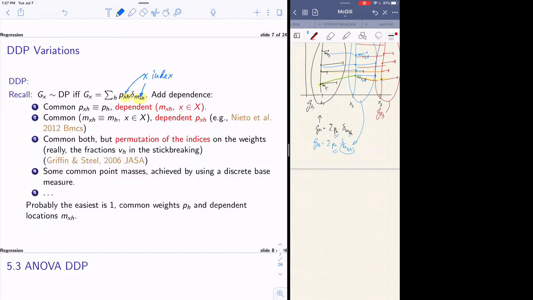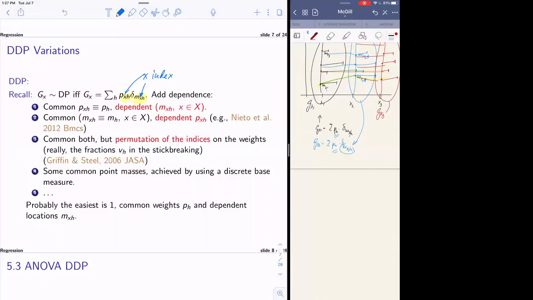It's usually not so commonly done for the simple reason it's very easy to introduce dependent prior on the locations across X. You can do anything starting from just a straight line or things like that. Making the probability masses dependent is a little bit more delicate again, because you have to add up to 1, have to be non-negative and all that.